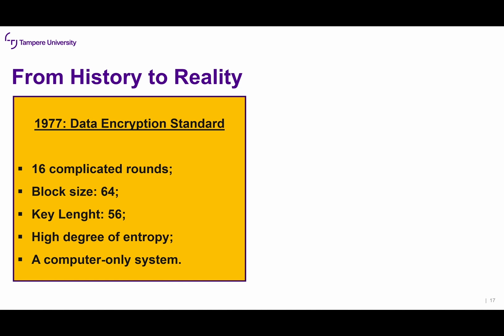Now, the encryption process of DES involves 16 complicated rounds of processing blocks consisting of binary strings of size 64. So the block size of DES is 64, while the length of the key is 56.